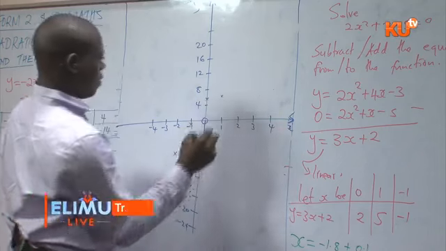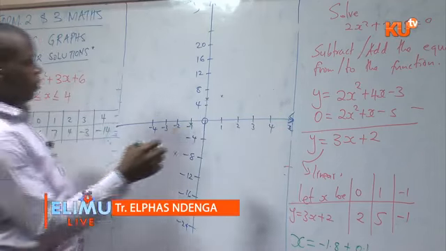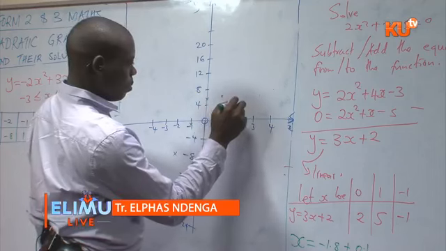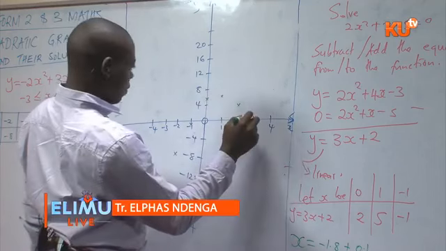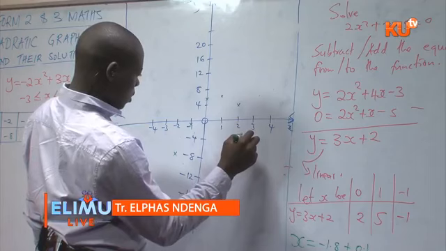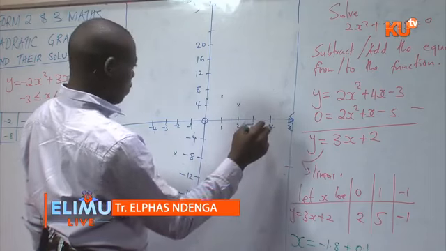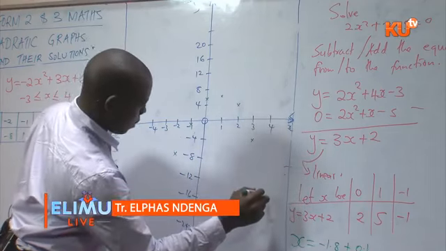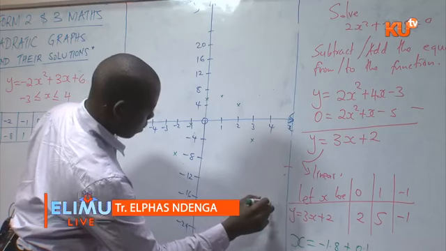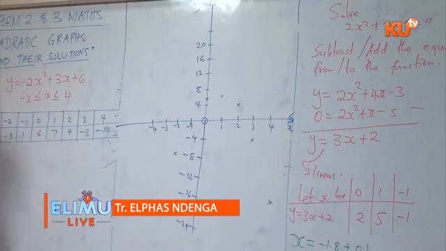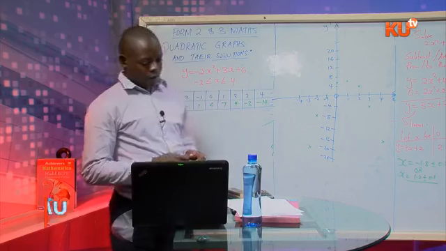When x is 1, it is 7. 2 drops to 4. Then 3 is -3. And 4 is -14. So that is our curve.